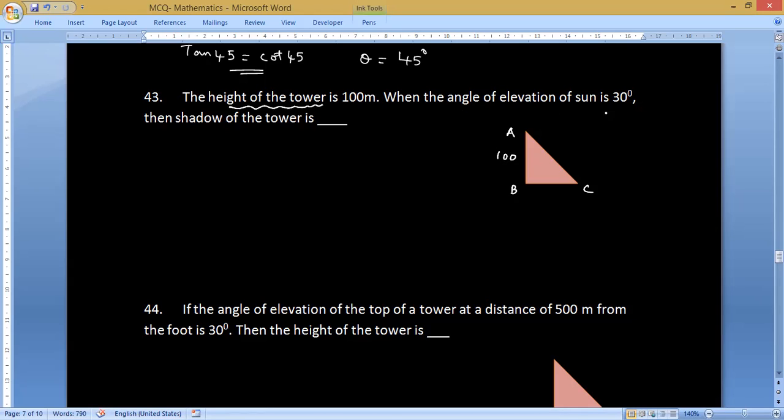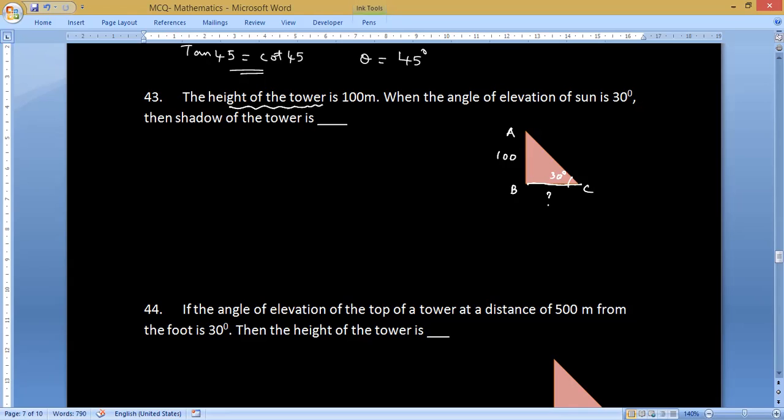The sun's elevation is 30 degrees. The tower's shadow is falling on the ground. This is the shadow. So we have to find BC.